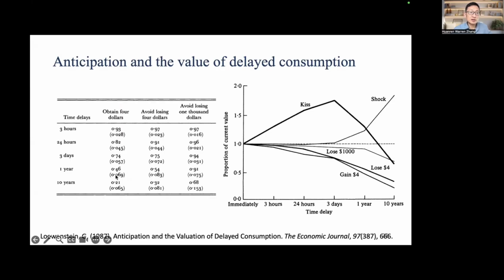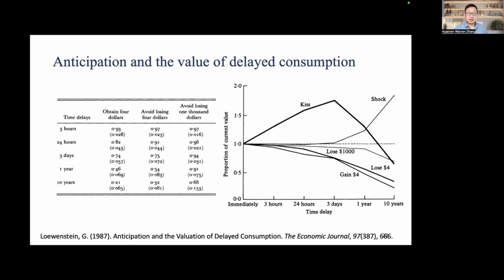We do observe this decreased value of the corresponding $4 as we increase the time. And it is interesting to see that the corresponding discounting is lower when you look at the loss domain. And also, when you have a bigger amount of monetary payment, here a monetary loss, the corresponding discounting is also lower. So this is consistent with what we talked about before, the sign effect and the magnitude effect.